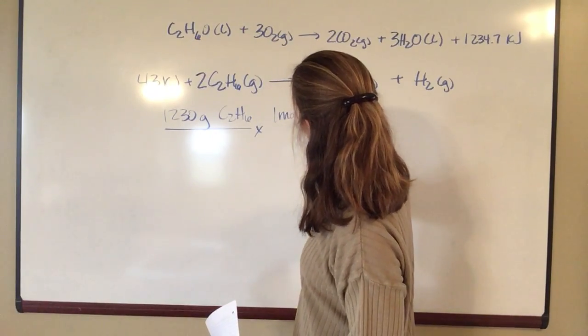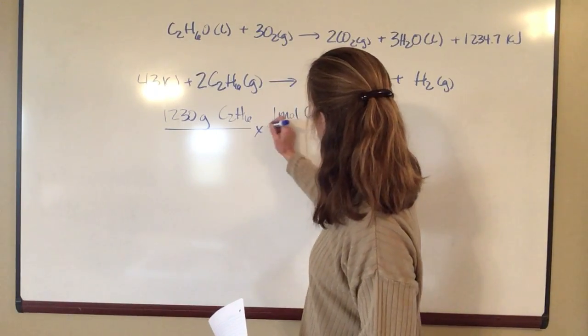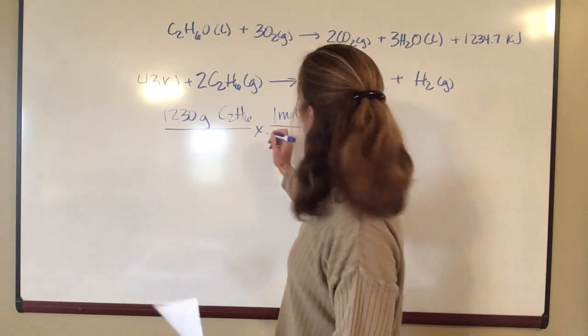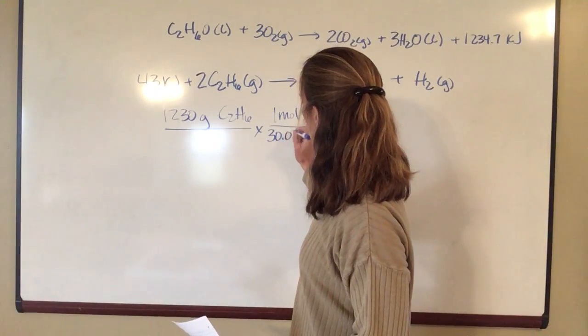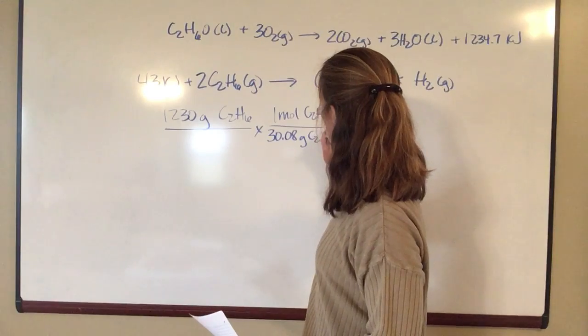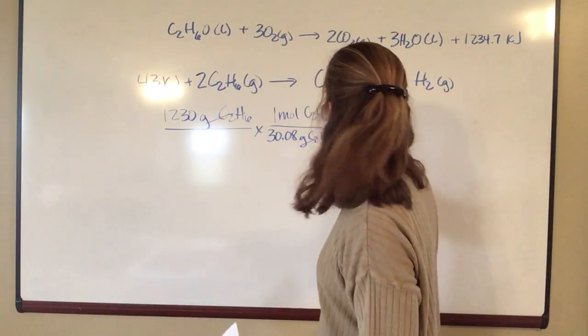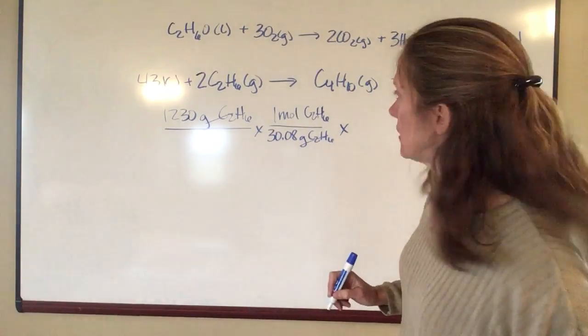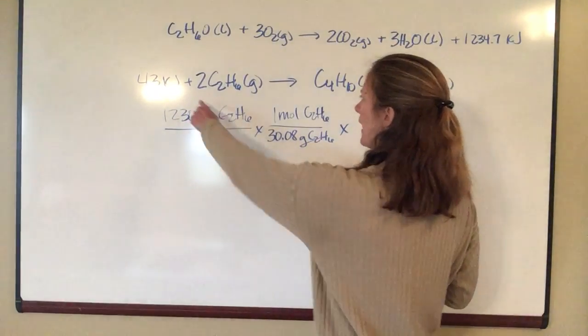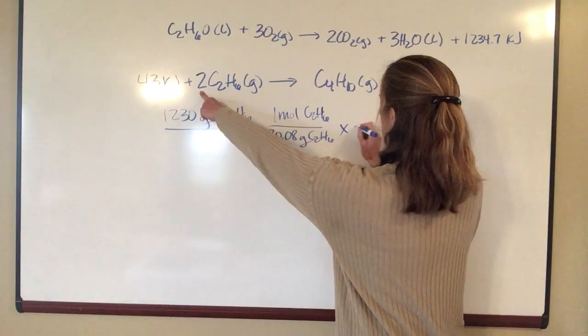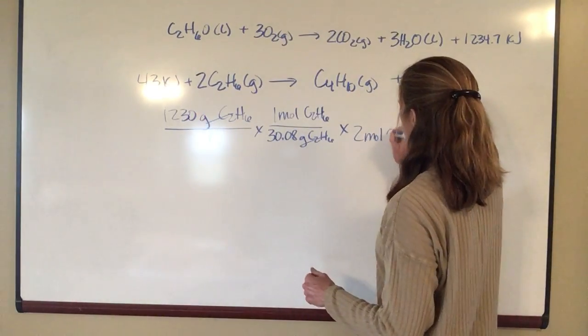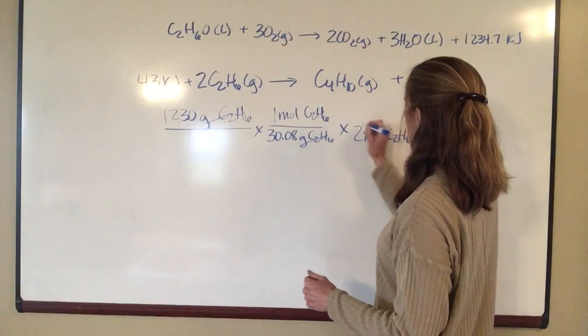And just like before, I am going to convert that to moles. In 1 mole of C2H6, I have 30.08 grams of C2H6. So my grams will cancel. And in this particular reaction, I have 2 moles of C2H6 because that's what my coefficients tell me.